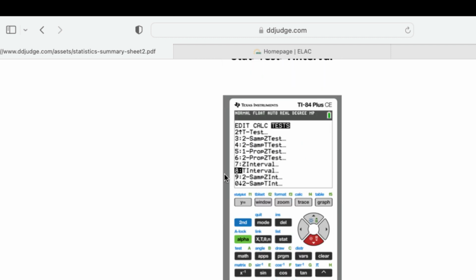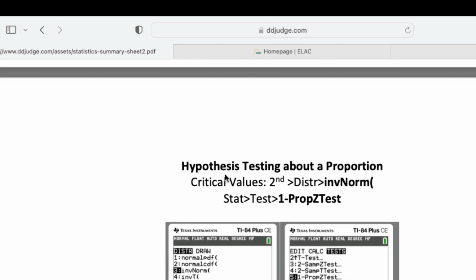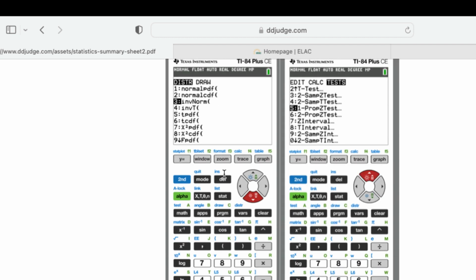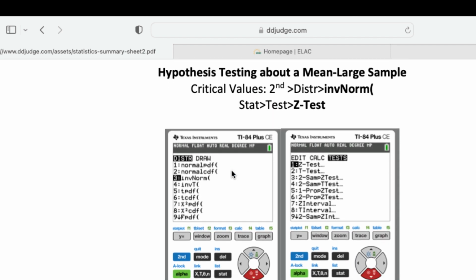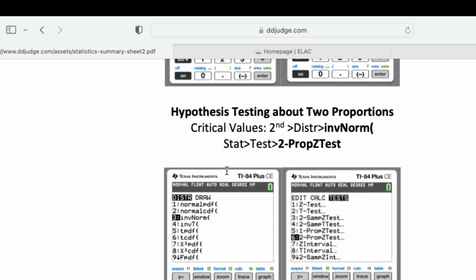I actually see this here. Estimating a mean small sample, t interval. Where is it at? Inverse norm, hypothesizing about a proportion. I tell you guys how to get the critical value. Hypothesizing about a mean large sample, inverse norm, critical value. Hypothesizing about a mean small sample, inverse t. Okay.